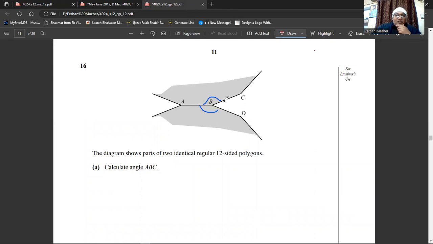I know this side and this side are equal. So whatever this angle will be, this angle and this angle are 100% equal to each other. Why? Because these two sides are equal, so it will be a triangle.